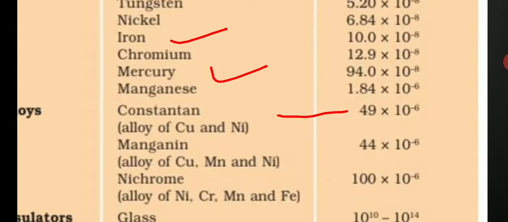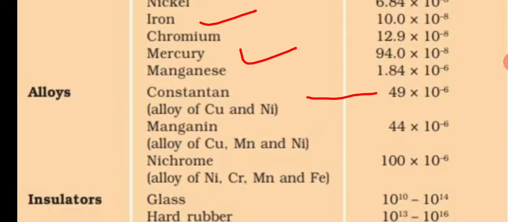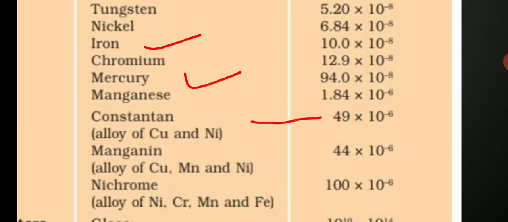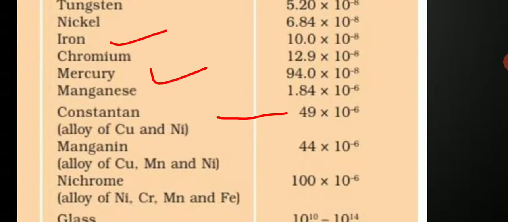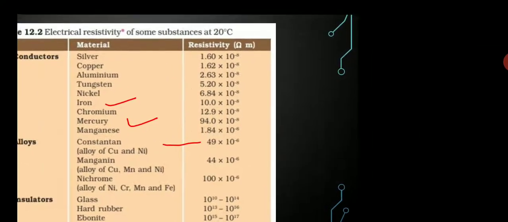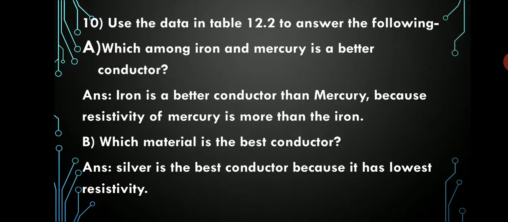Iron has 10 into 10 to the power minus 8 ohm meter, and mercury has 94 into 10 to the power minus 8 ohm meter. So here which is the good conductor? That is iron, right? Because mercury has the highest resistivity value. So the answer is iron. Iron is a better conductor than mercury because the resistivity of mercury is more than iron.